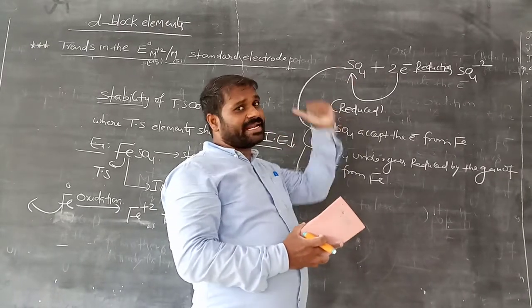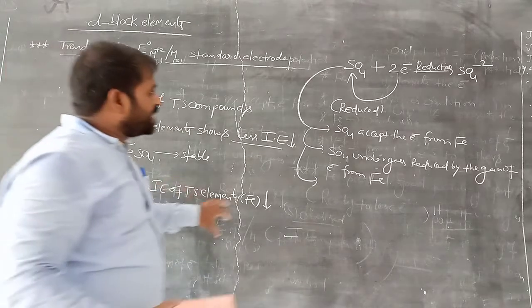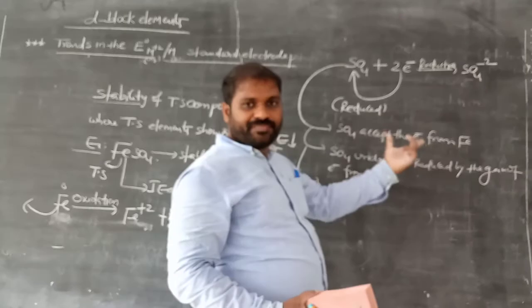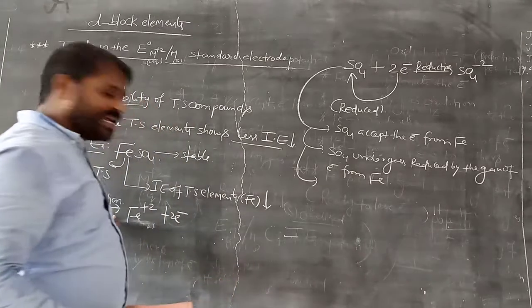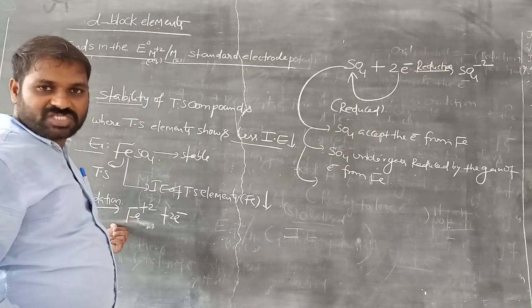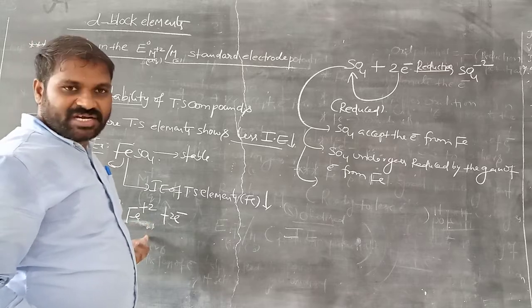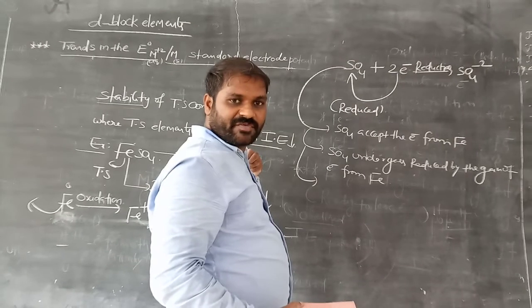In this manner, iron undergoes oxidation. That means sulfate is useful for the oxidation of iron, am I right? It removes the electron from iron. That means iron undergoes oxidation. So why does it undergo oxidation? The sulfate removes the electron from iron.